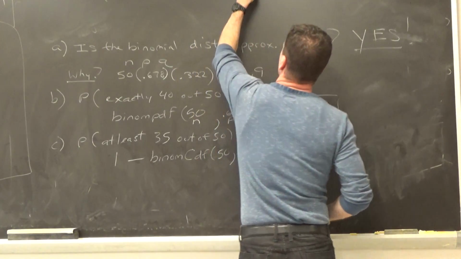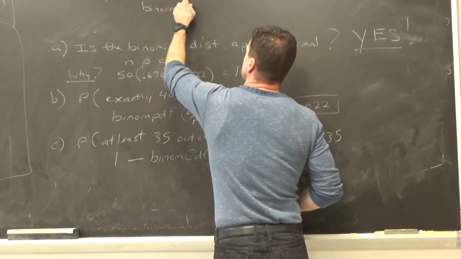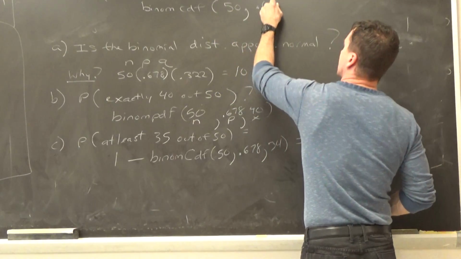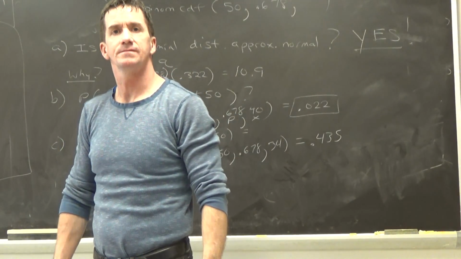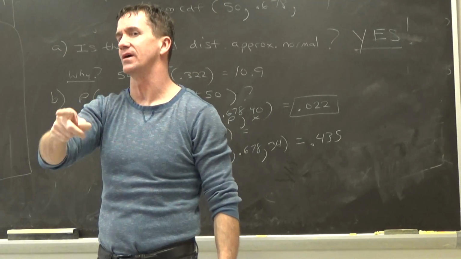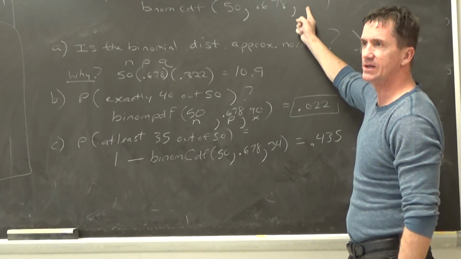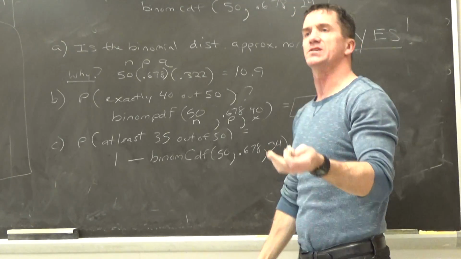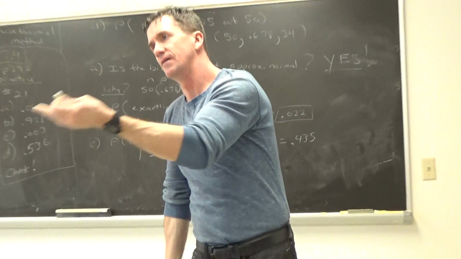If it's just fewer than, you just do binom CDF 50 comma 0.678. So you're just doing less than, you don't need 1 minus. Fewer than doesn't include the endpoint though, so I'm going to go all the way up to 24, one less than 25. The wording fewer than doesn't mean less than or equal to, it just means less than.